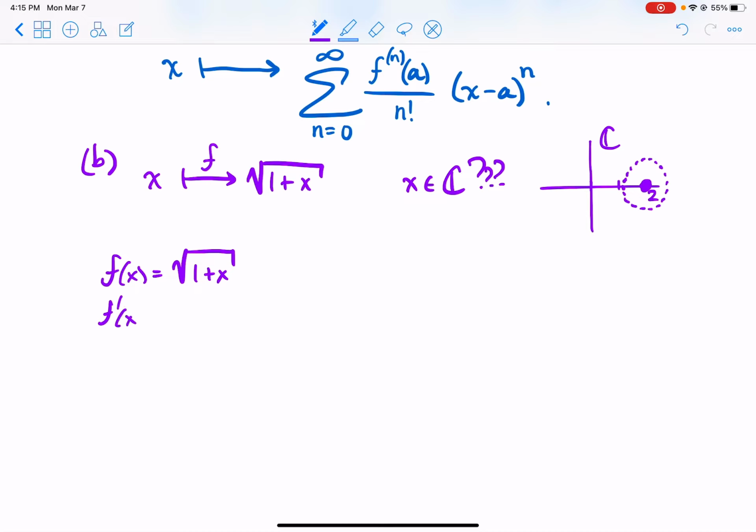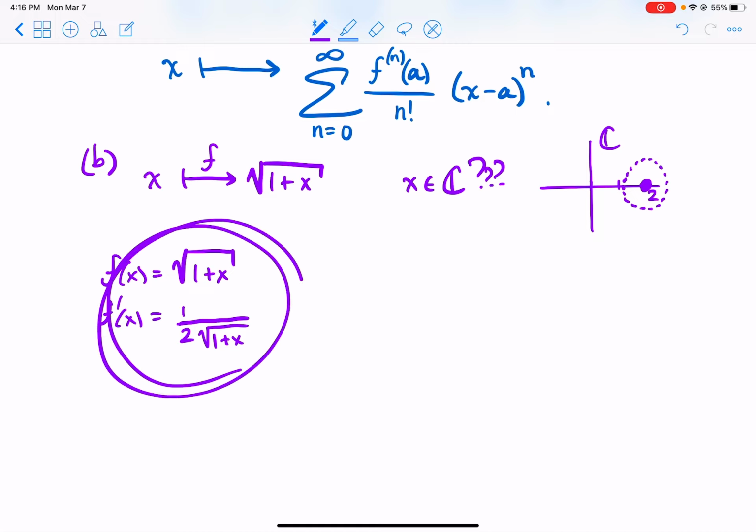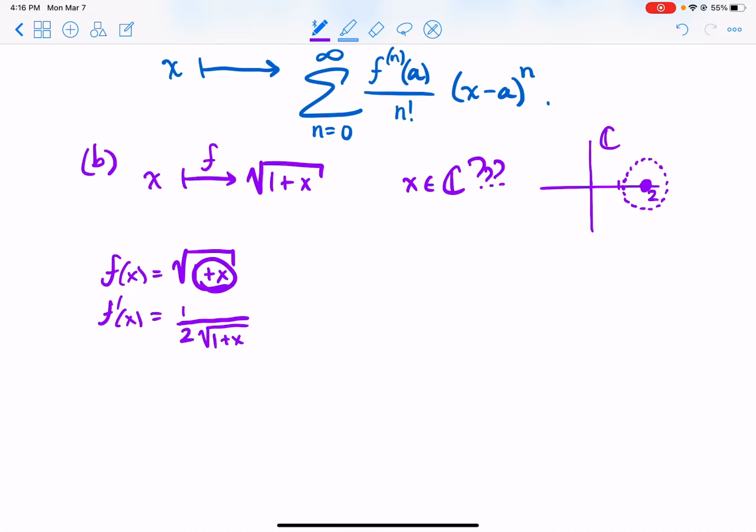F prime of x is 1 over 2 square root of 1 plus x. Can you take the derivative of this function? The chain rule will give a 1, so the chain rule doesn't really do anything here. Okay, so now this is x to the negative 1/2.